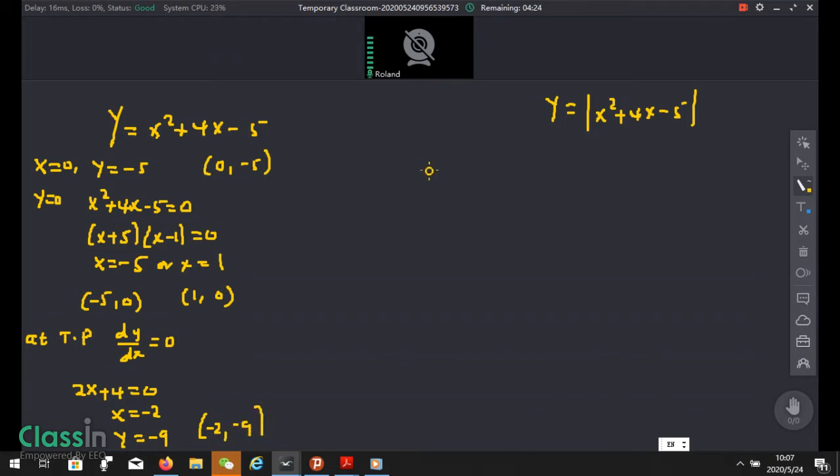So now we've got the intercepts and the turning point, so we can sketch it. We can do a rough sketch, not to scale. Let's say this is x, this is y.